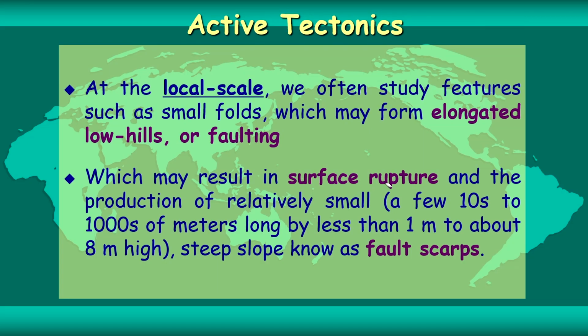So if we just look at the local scale, we often study features such as small folds which may form elongated hills, or faulting which may result in surface faulting. Okay.